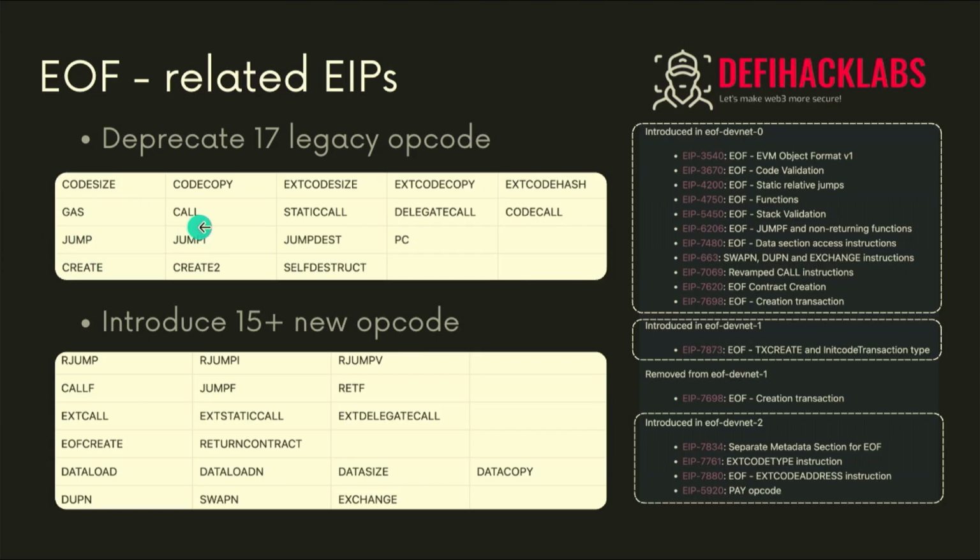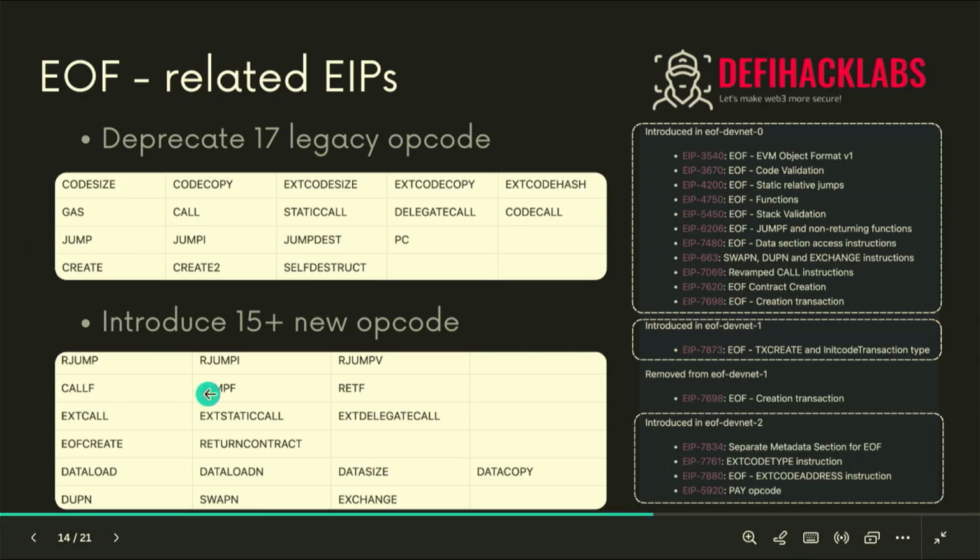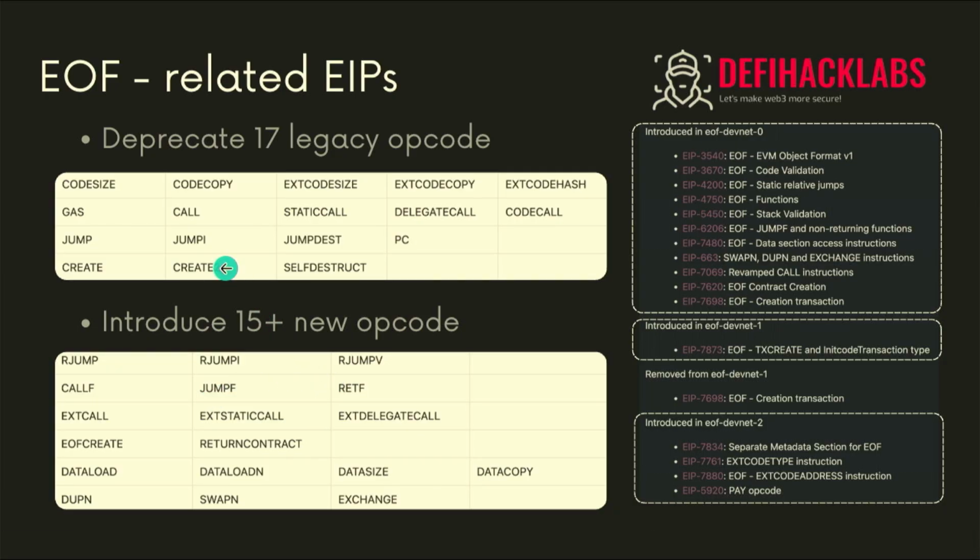Like we already mentioned earlier, they are replaced by CALLF, JUMPF, and RETF for the static jump. And CREATE and CREATE2 are also deprecated. So if you're using some contract creation factory, you could no longer use them.